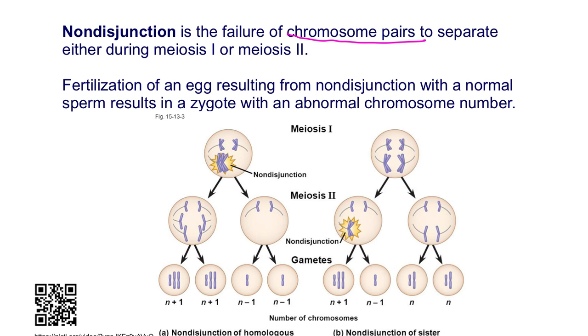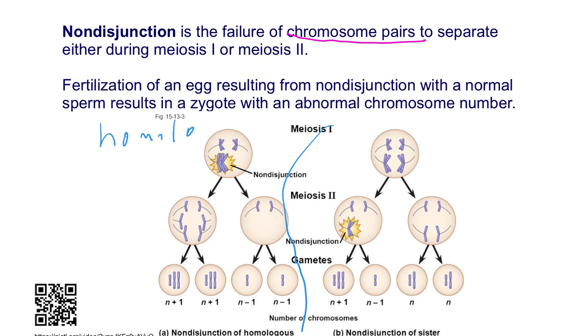Some accidents can happen during meiosis, and sometimes these accidents produce gametes that still survive, but cause problems once the zygote is formed. So in meiosis 1, what can happen is that the homologous chromosomes don't separate.